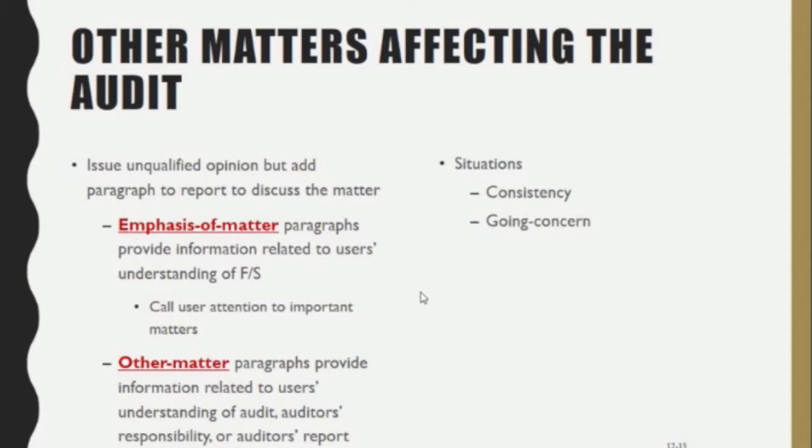Emphasis of matter paragraphs use information about something in the financial statements to provide more transparency or more explanation of something in the financial statements or about the company, so important matters, whereas the other matter paragraphs focus on information related to understanding the audit, the auditor's responsibilities, or the auditor's report. For our purposes, we're going to focus on emphasis of matter, and specifically on consistency and going concern.